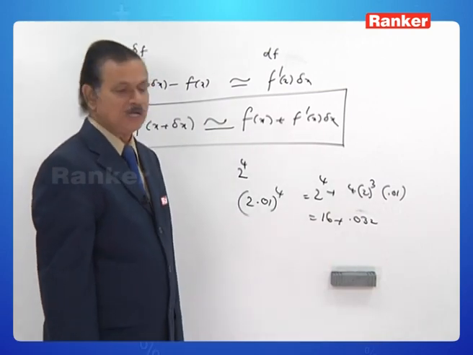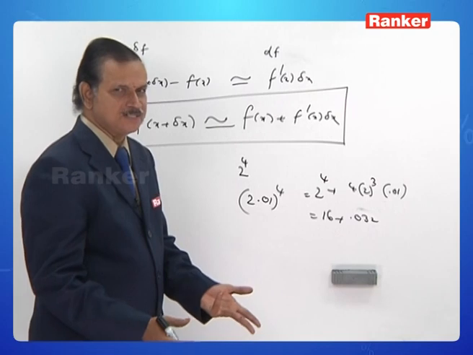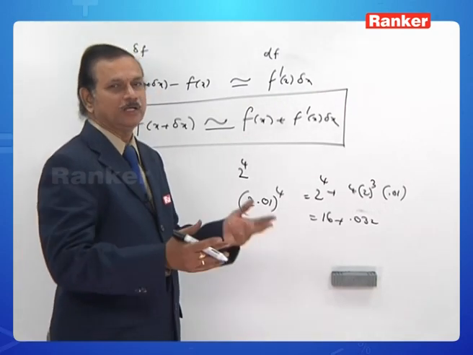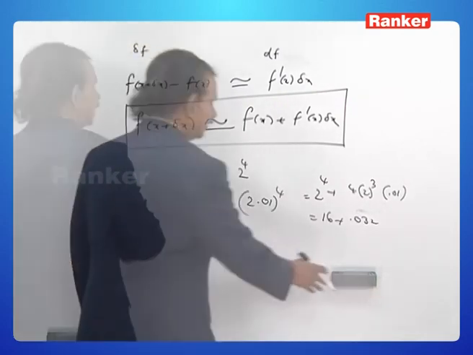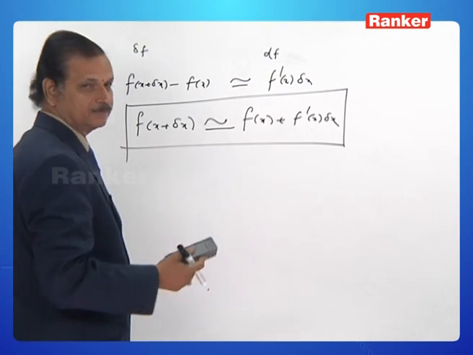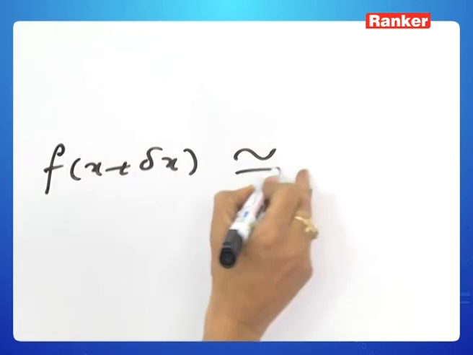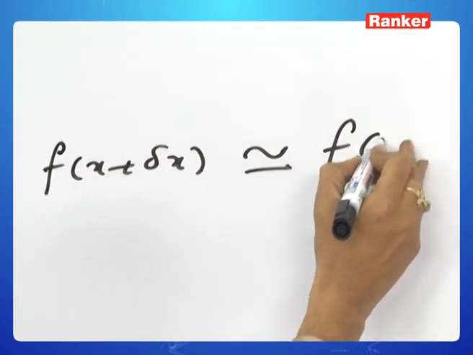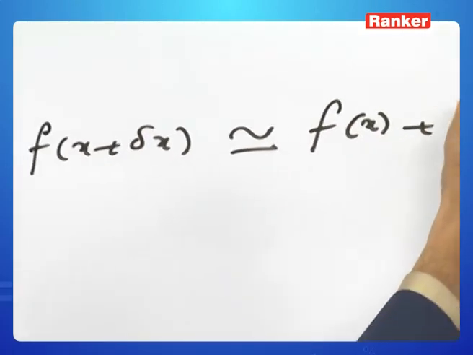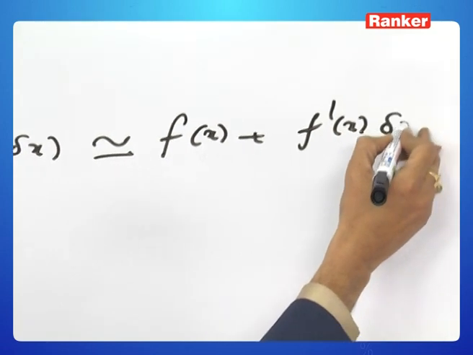No problem at all. Let us be very clear and precise by going through some other numerical example. This is the formula that must be noted. F of x plus delta x is approximately equal to f of x plus f dash x into delta x.